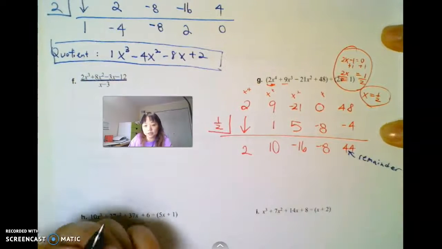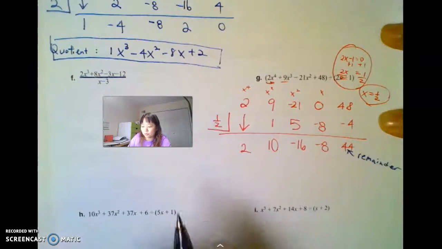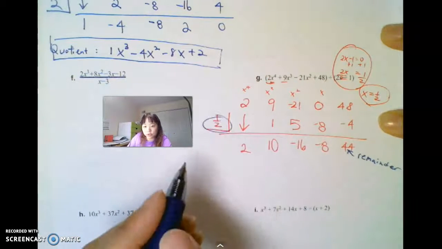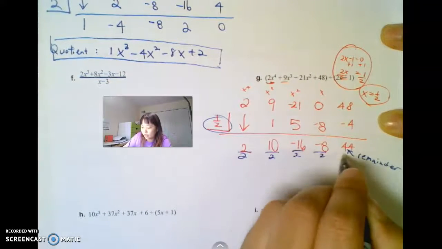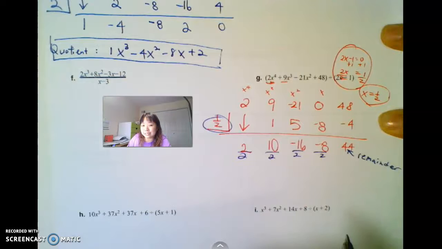So that's a remainder. Now, before you move on, because we divided by 2, all your quotient needs to be divided by 2 as well, except for the remainder.